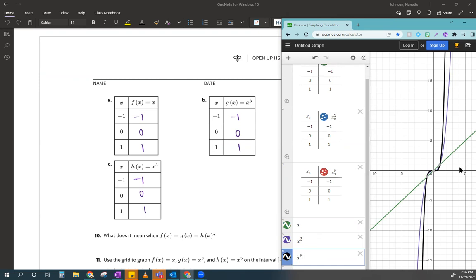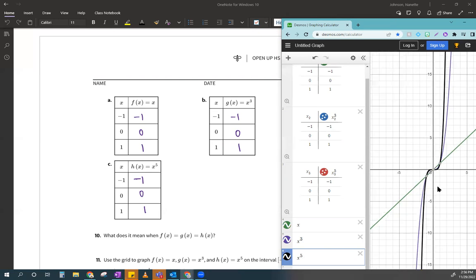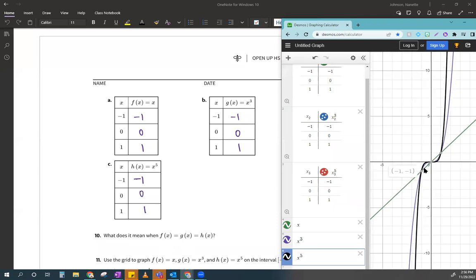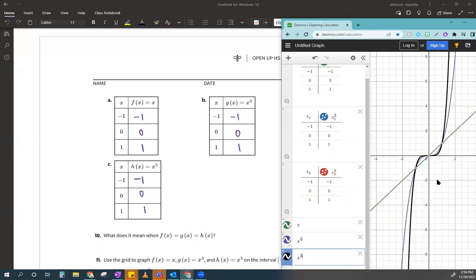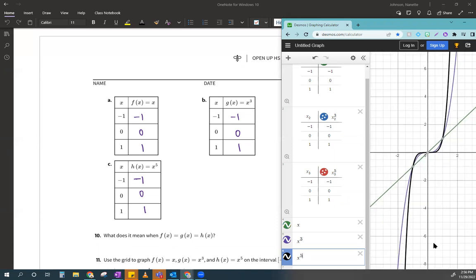Number one, they're very different, right? The X cubed and the X fifth kind of looks the same-ish. They have that same kind of shape, but it's a little bit different. And if I zoom in a little bit, you'll see how the purple and the black are kind of coming apart. It looks like a little split end there.